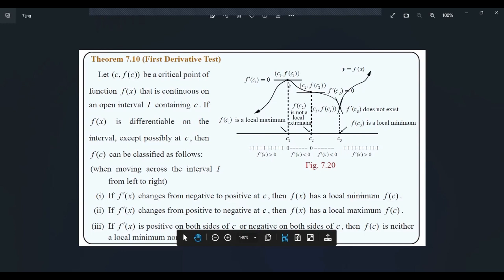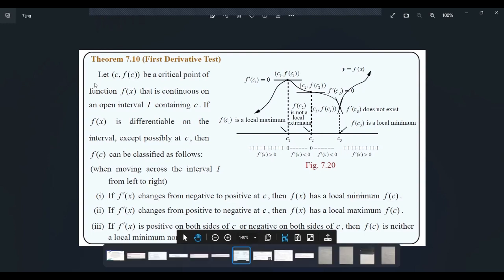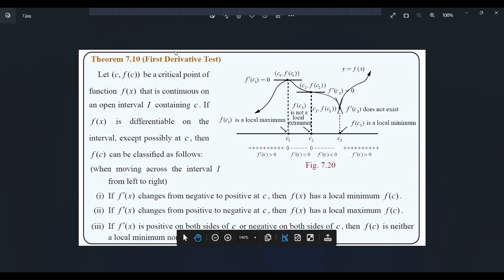And if a point is a local maximum, to the left and right side of it, we have values lower than it. So the first derivative test is used to find these values. So let c, f of c be a critical point of function f of x that is continuous on an open interval containing c.